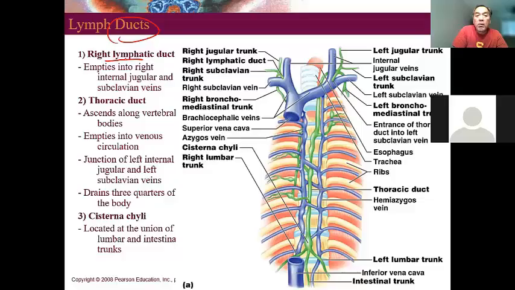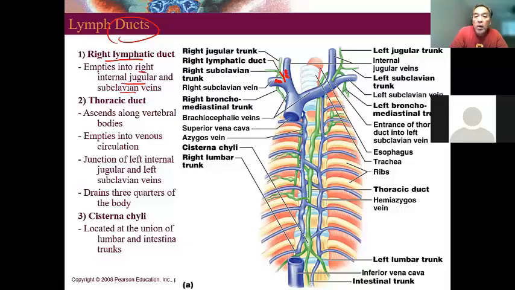This is called the right lymphatic duct. This is the one that enters the right internal jugular and subclavian veins. You can see that the right lymphatic duct drains between the subclavian and the internal jugular vein.